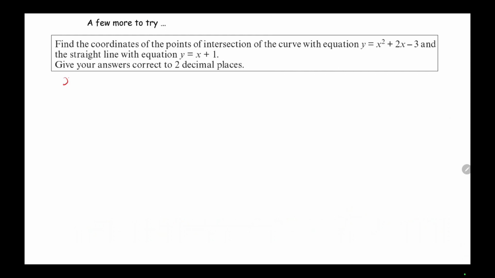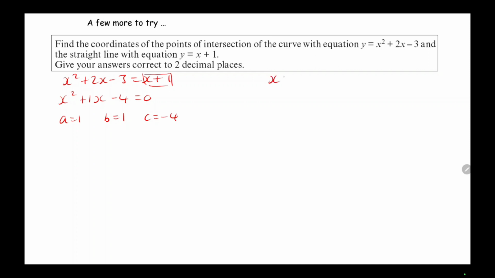So x squared plus 2x minus 3 equals x plus 1, and bring these 2 elements across to the left, which gives us x squared plus 1x minus 4 equals 0. A is 1, B is 1, and C is minus 4.